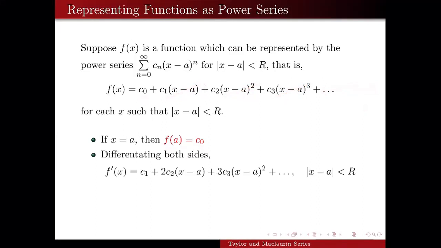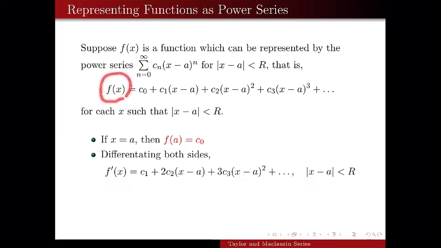Now, we take the derivative because from the last time we saw that if you have a power series representation, you can do the differentiation inside its interval of convergence. Okay? So provided that the absolute value of x minus a is less than r, we can do the differentiation.